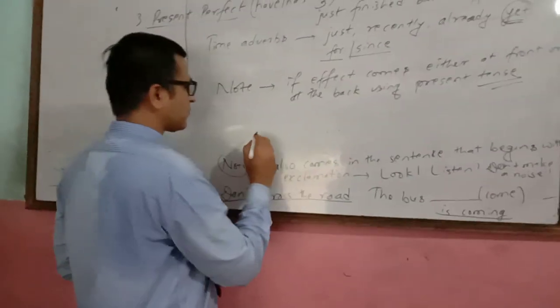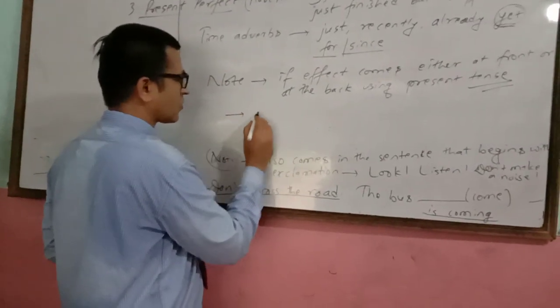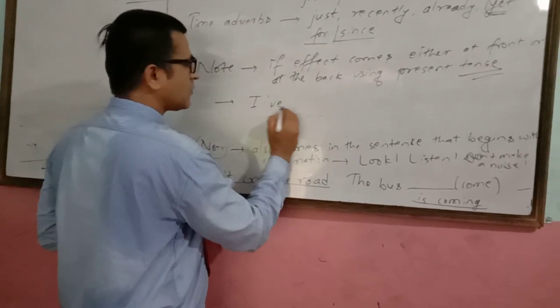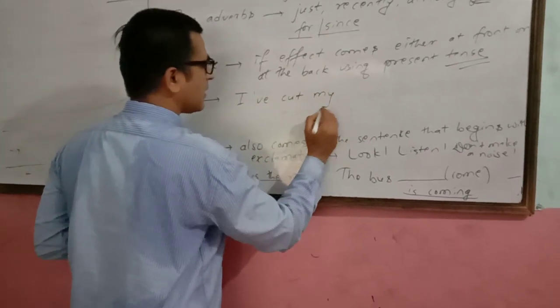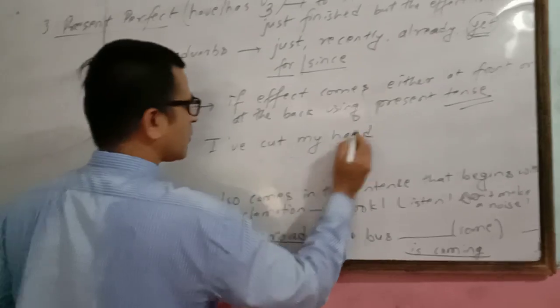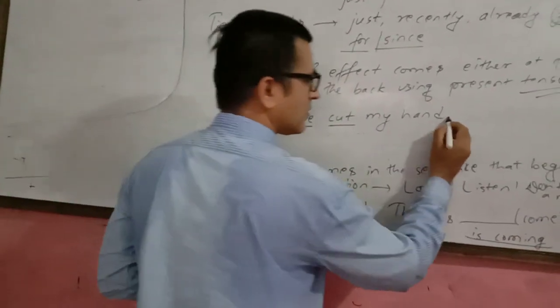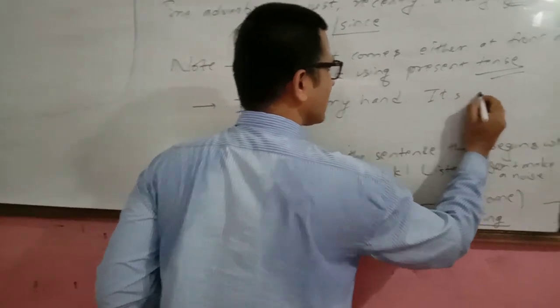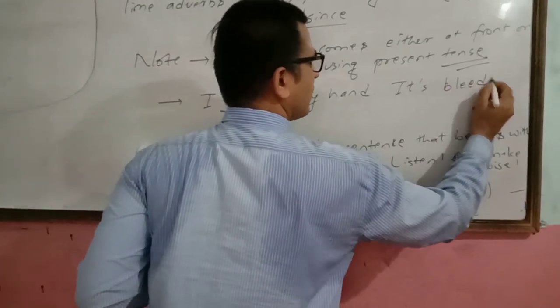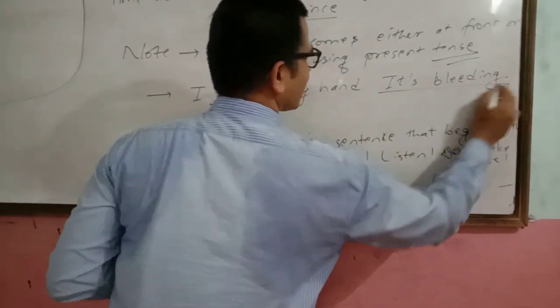For example, I have cut my hand. Look at that. Yeah, V3, present perfect, right? It is bleeding. You see? The effect is following the sentence.